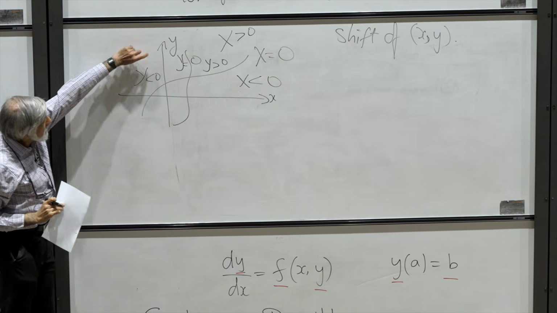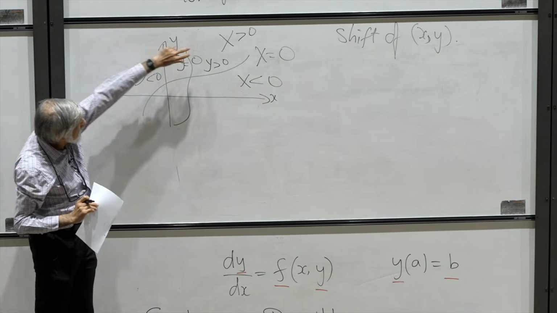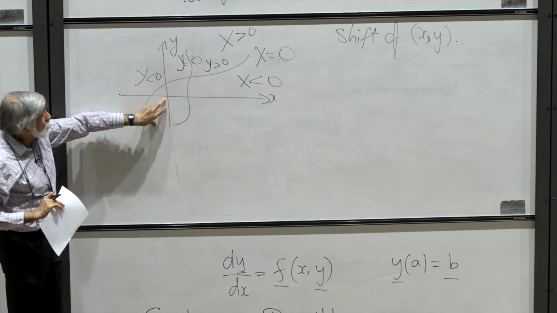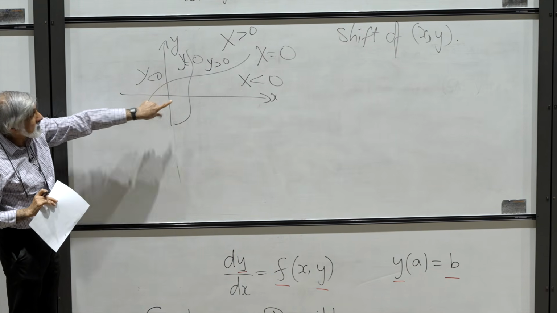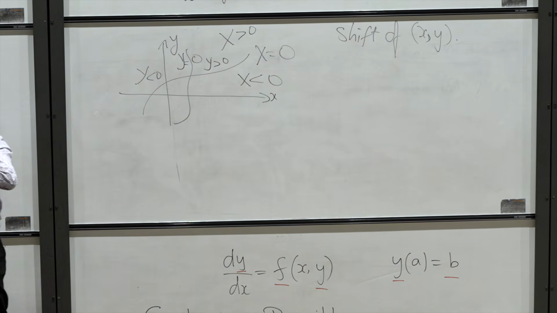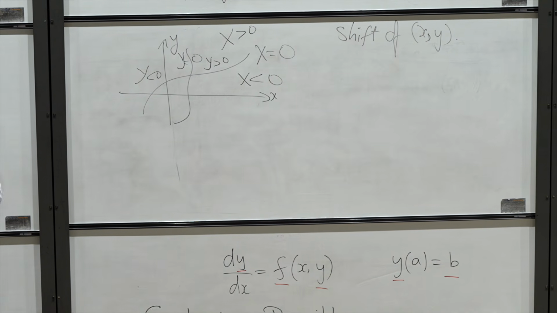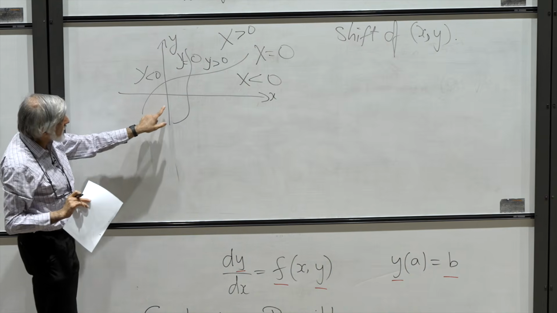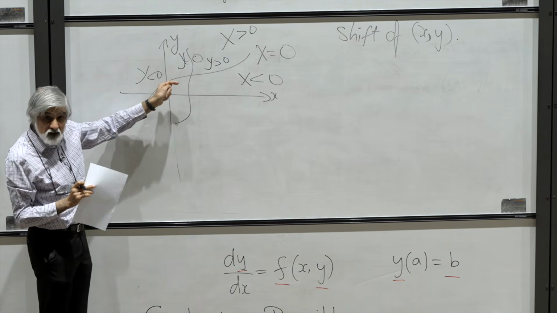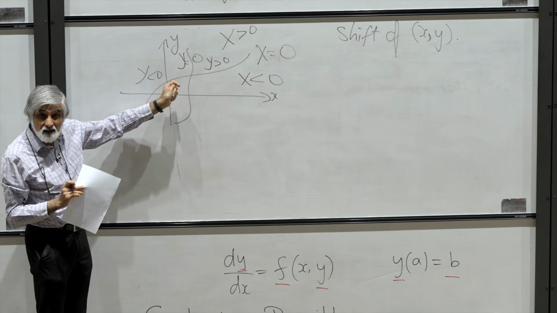Then what I've done is I've split the domain up into 4 regions, and in each region I know what little x is doing and what little y is doing. I know the directions of the components of those vectors, so I can then plot the direction of the trajectories.